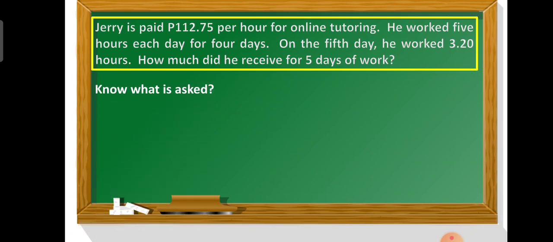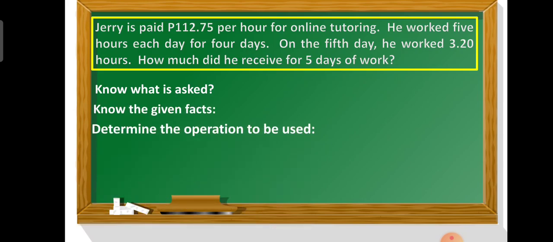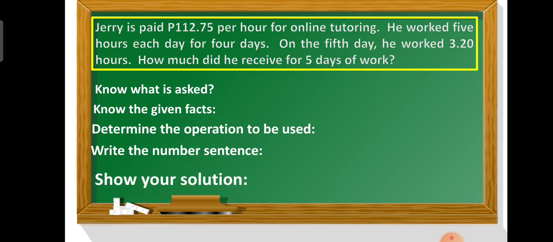Again, to solve this, we need to answer these steps: know what is asked, know the given facts, determine the operation to be used, write the number sentence, and then show the solution. Know what is asked. What do you think is the answer for this? You're right.